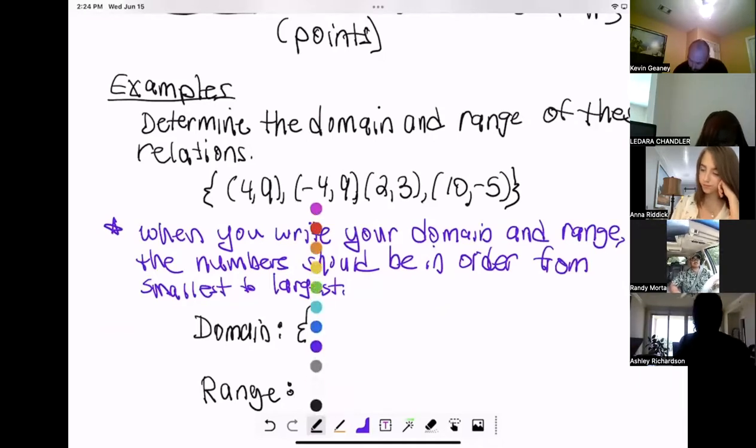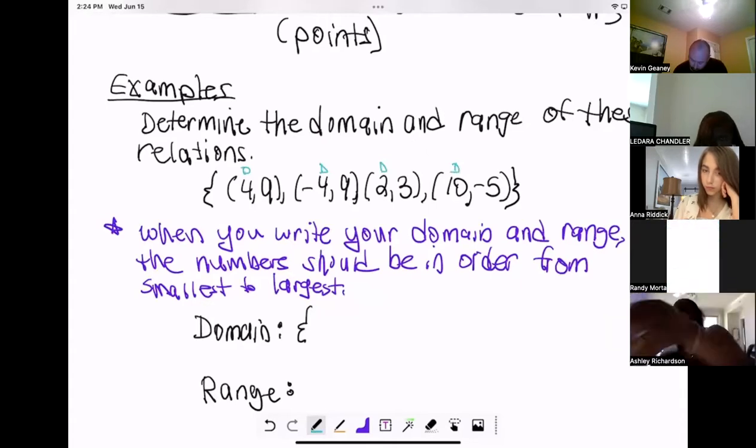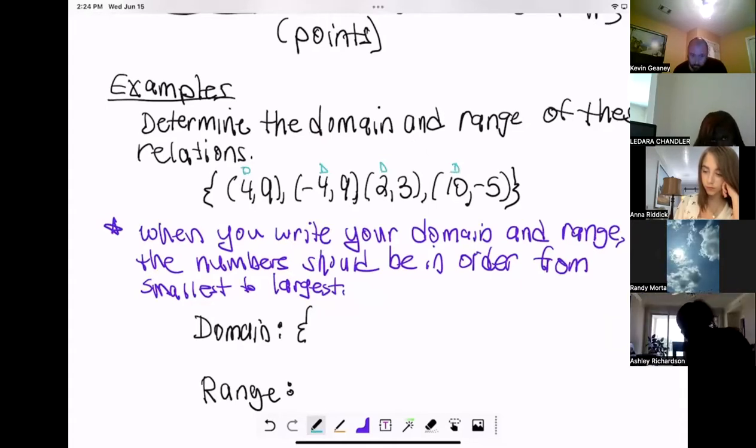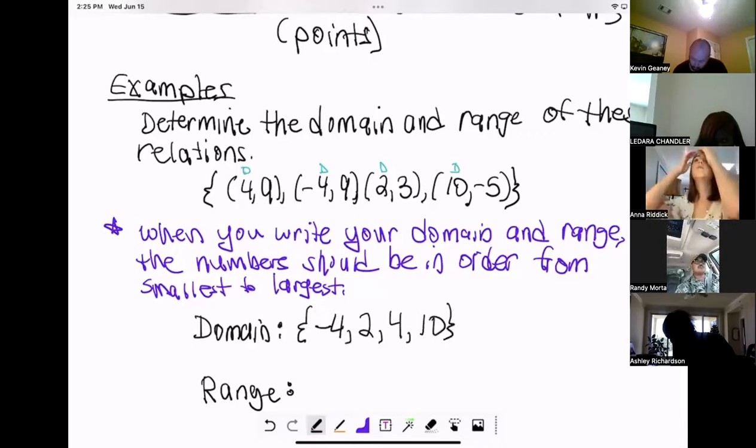I'm going to label them a little bit. That's a domain, that's a domain, that's a domain, and that's a domain. They're my domain, all the X values. I'm going to put them in order from smallest to largest. So we start with -4, then we have 2, and then we have 4, and then we have 10. And that's my set of domain values.